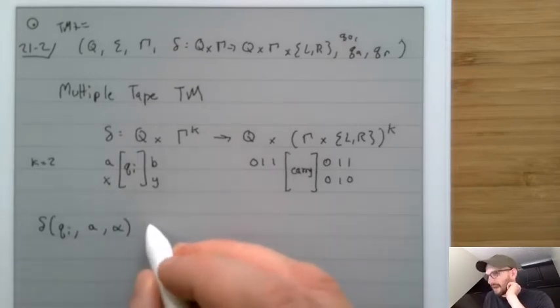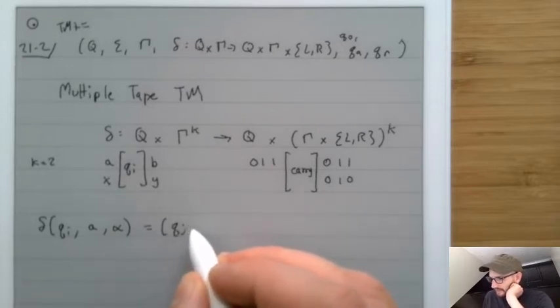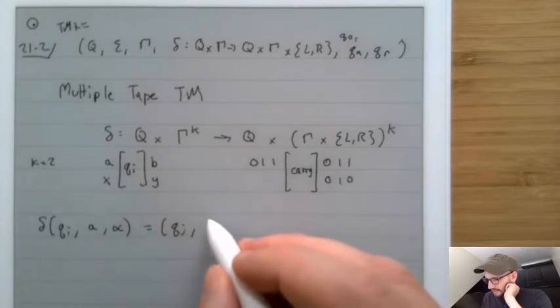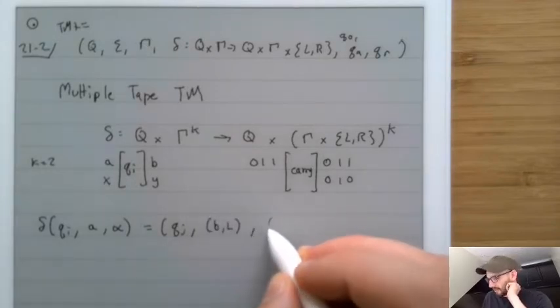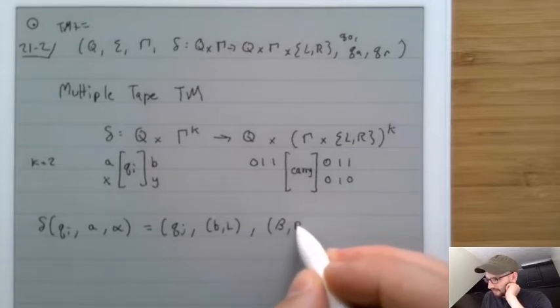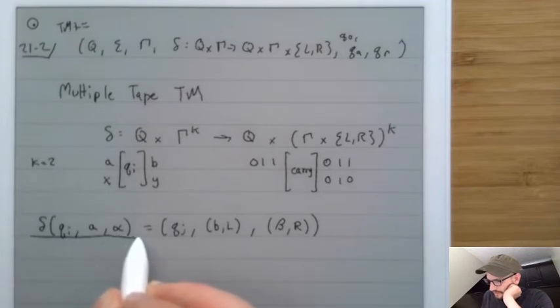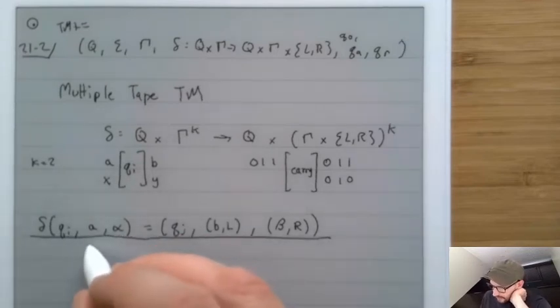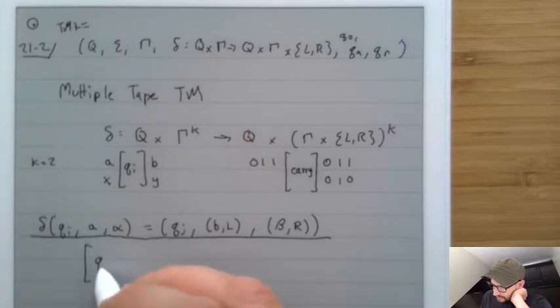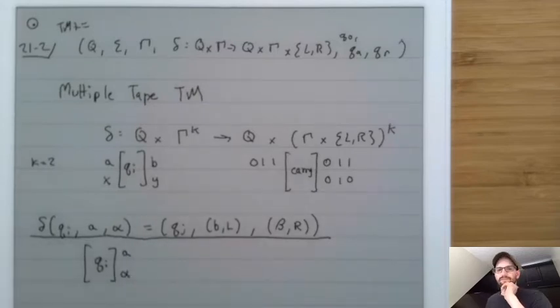And then what's going to come back is a new state, Qj, and let's suppose that we get B and left for the first tape, and then we get beta and right on the second tape. What would this situation describe? This would mean that we're in a configuration where Qi is looking at an A and an alpha.